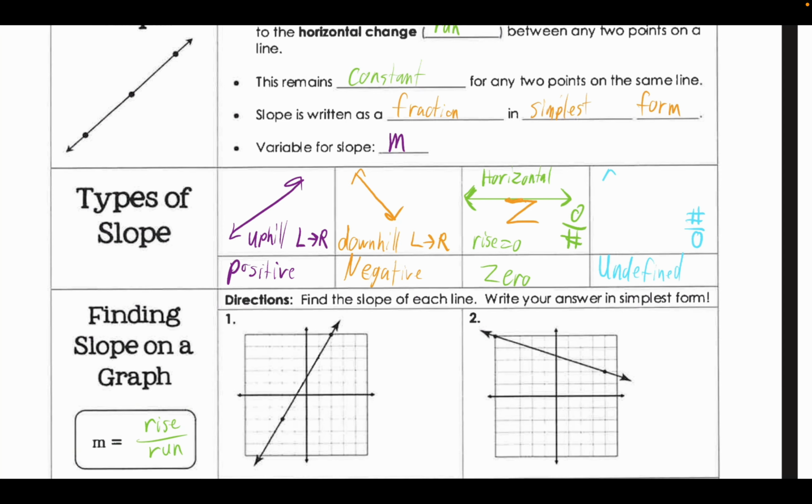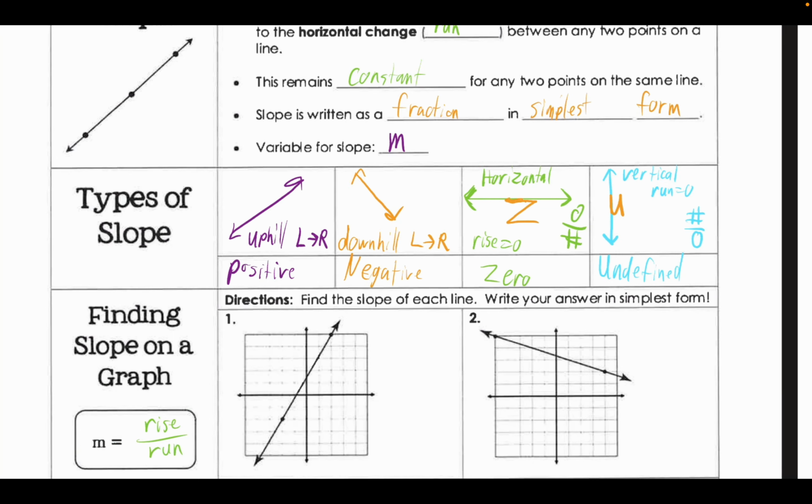As far as the line, this would look like a vertical line. And here the run would equal 0 because it's not moving left to right at all. So the rise is some number, the run is 0, and any number divided by 0 is undefined. And here, instead of making a z for 0, we can make a u for undefined, which is the first letter of the word undefined.